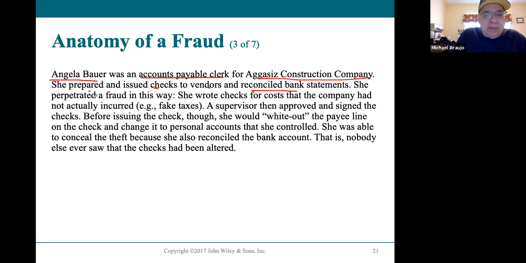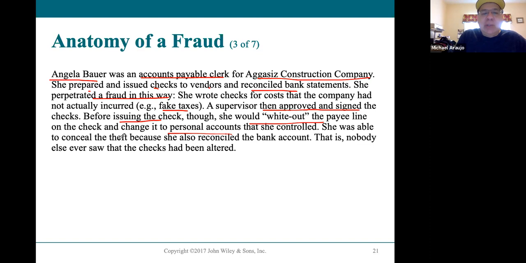She perpetrated the fraud in the following way. She wrote checks for costs the company did not actually incur, such as fake taxes. A supervisor approved and signed the checks. Before issuing the check, though, she would white out the payee and change it to her name or an account she controlled.